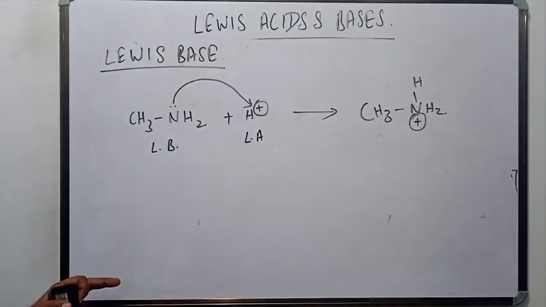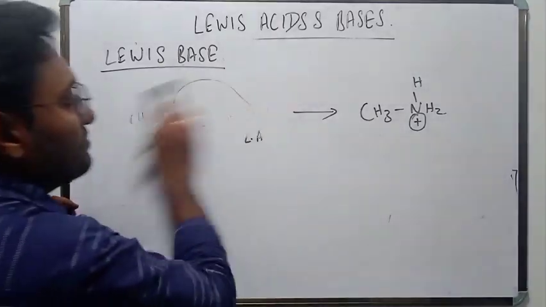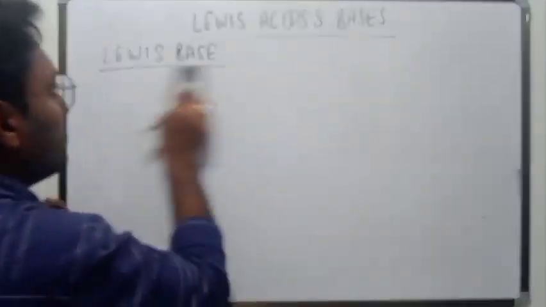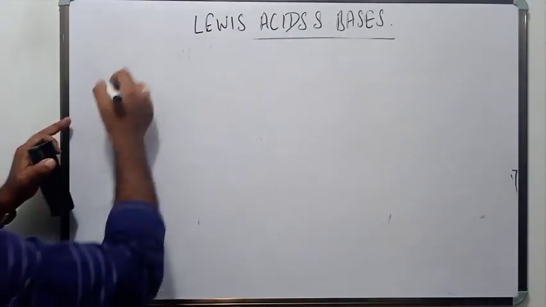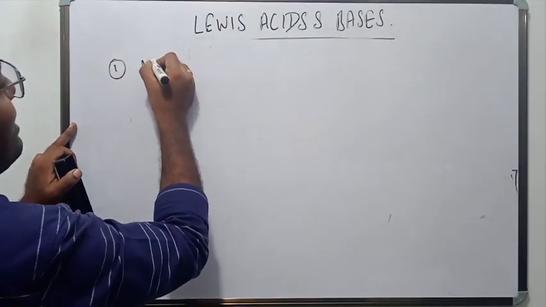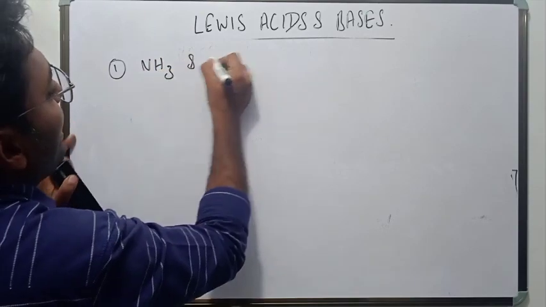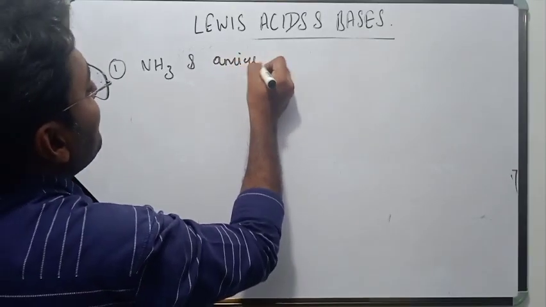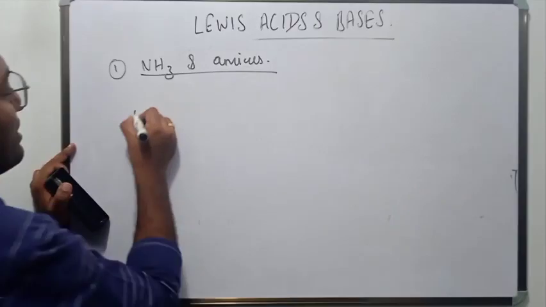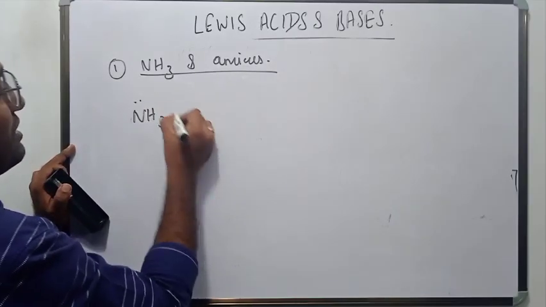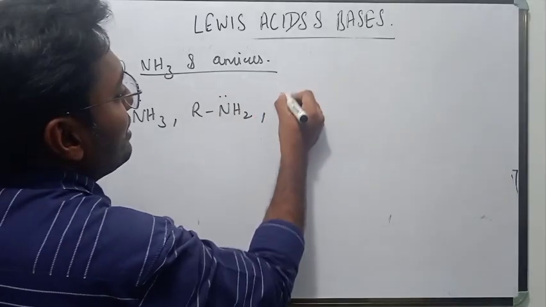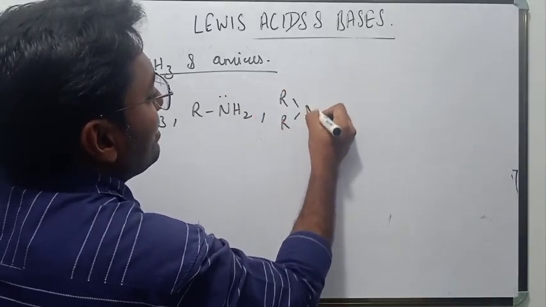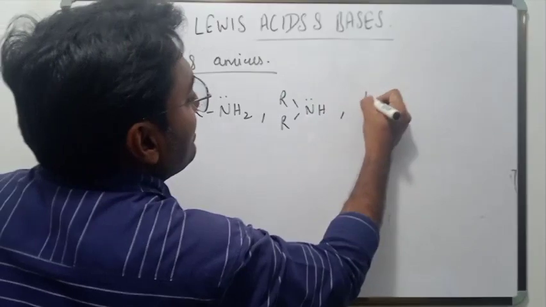Let us understand Lewis base more by looking at its examples. The first example, and one of my favorite, is ammonia and amines. So ammonia, NH3, primary amine, secondary amine, tertiary amine.